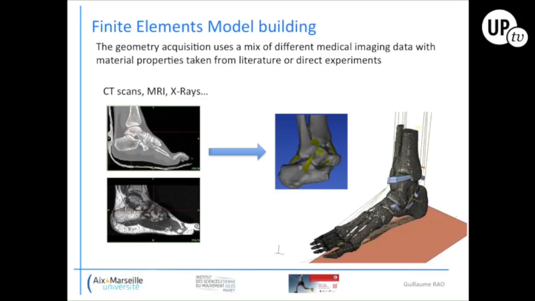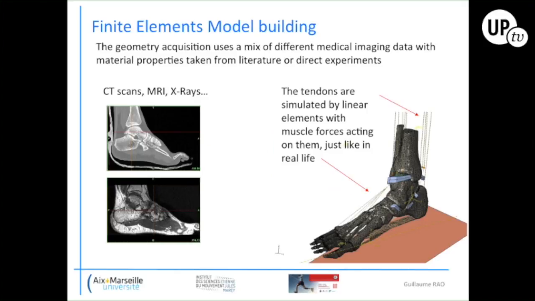Once meshed, this structure looks like that. So it's a foot that includes all the anatomical elements, plus the tendons. And we have included 9 tendons in this finite element foot model. And the tendons are basically stimulated, or we pull on the tendons using the previous forces that I just presented earlier.